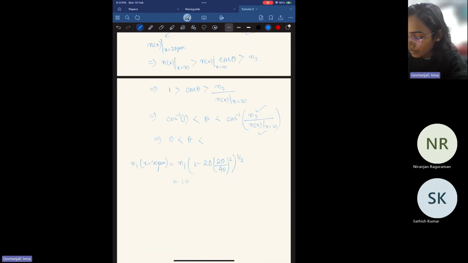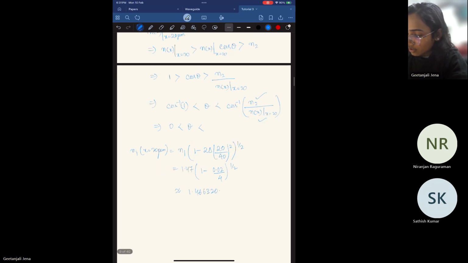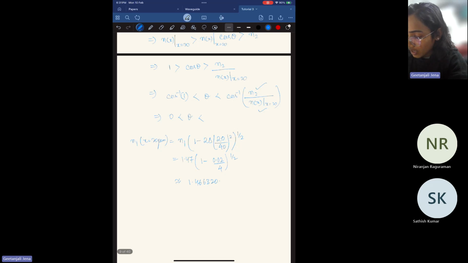So it is 1.47 times root of 1 minus 0.02 over 4. And this will come around 1.466320. So this is the value for n at x equal to 20.